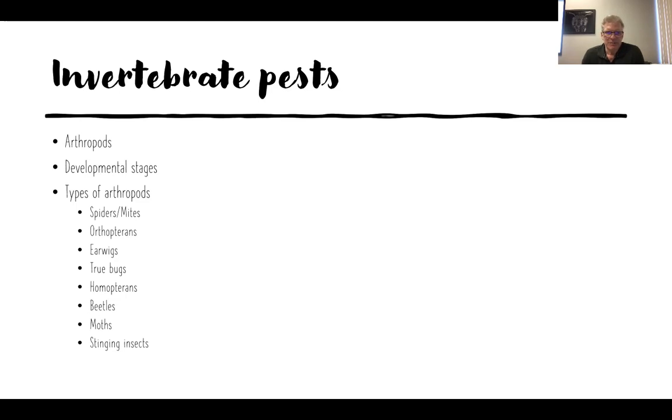The other thing is they can pierce and suck out the juices of the plants, thereby creating a parasitic environment. And then we have our hemipterans, and these are true bugs also, but they're more related to those plant pests that would possibly chew the leaves in addition to piercing and sucking.